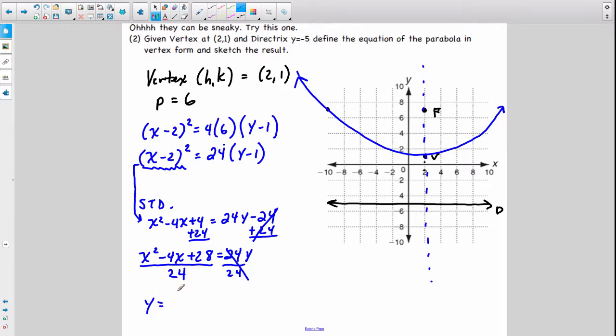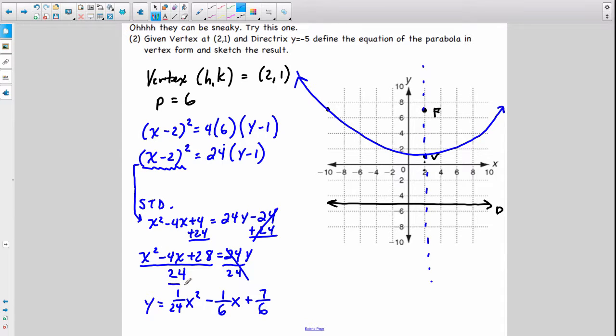So let's do 1/24 of x squared minus, this is 1/6 for those of you playing at home, 1/6 x. And this is positive, 4 goes into both of these, so 7/6. And that's going to be positive 7/6.